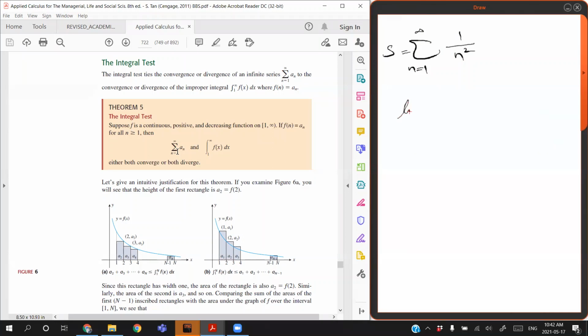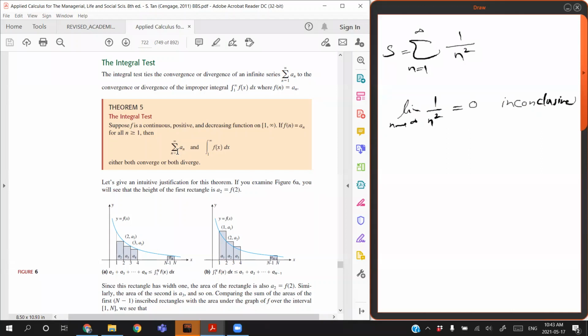What happens if I take the limit of 1 over n squared as n approaches infinity? Unfortunately, that is 0. So that means this test is inconclusive. I cannot go anywhere with this test. So this test is out.